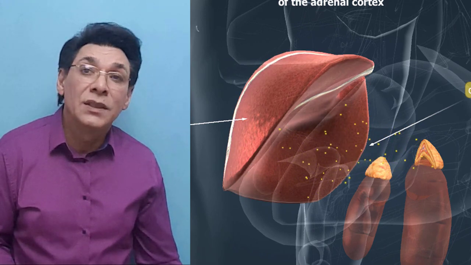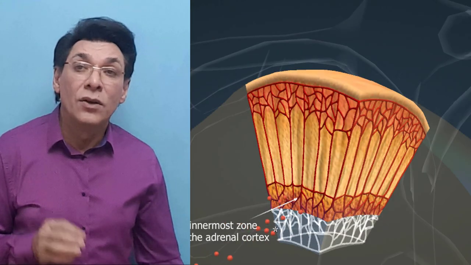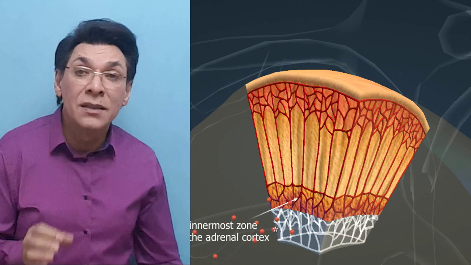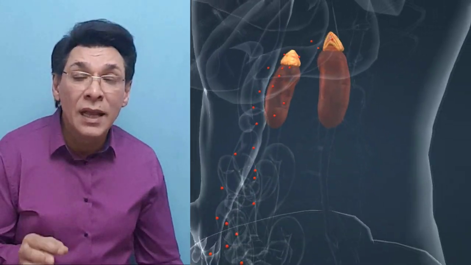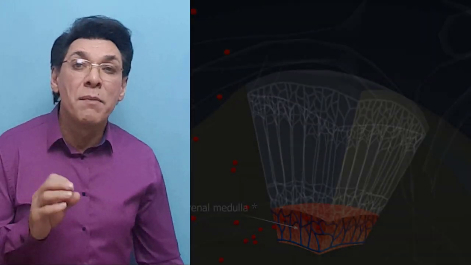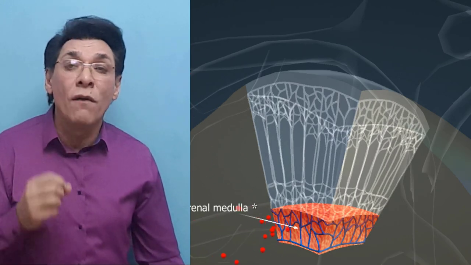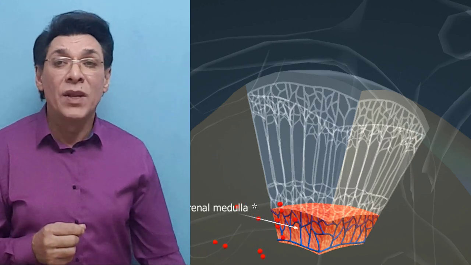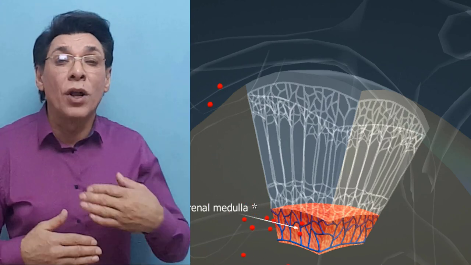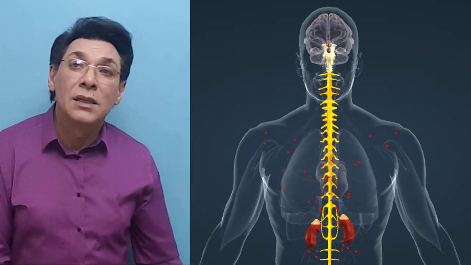Epinephrine, E, or adrenaline, is 80%. Norepinephrine, NE or noradrenaline is 20%. Triggers metabolic changes to increase availability of energy molecules. Supports and prolongs overall sympathetic system.